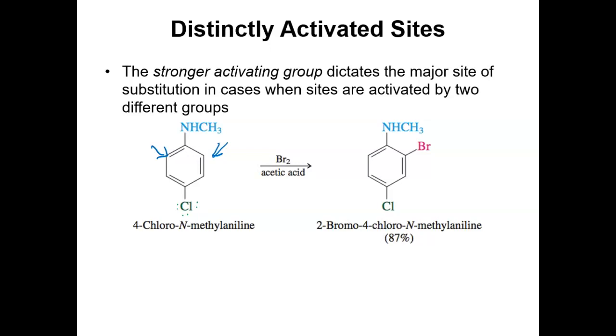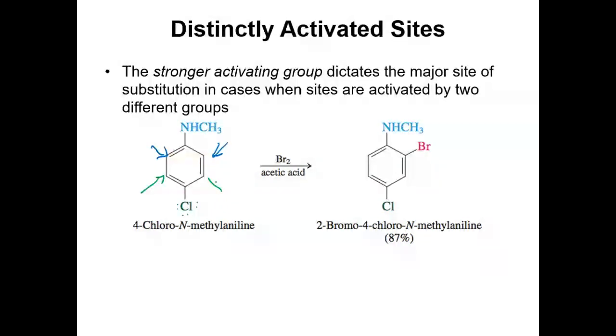It's not always activating, but always OP. If it's a halogen, it could be deactivating. If not a halogen, it will be activating. Because if you have a lone pair there, it can always stabilize the positive charge next to it. So chlorine is OP, so chlorine wants these two sites.